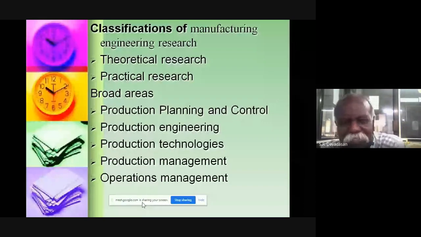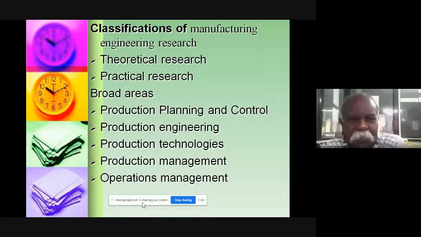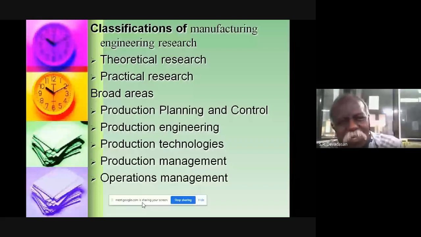Then comes the practical research. We know many theoretical models are available with us, and particularly mathematical models are available with us, and they are incorporated with a high level of knowledge. But when we put them in practice, they are not very effectively carried out in all aspects. However, in certain products, processes and services, those models are used.